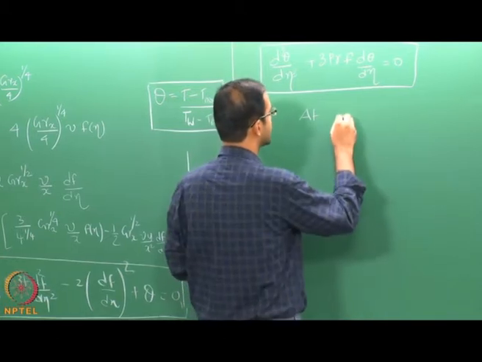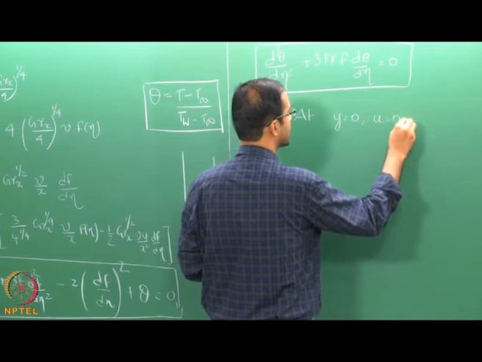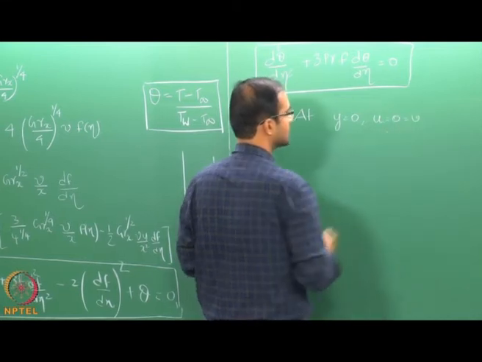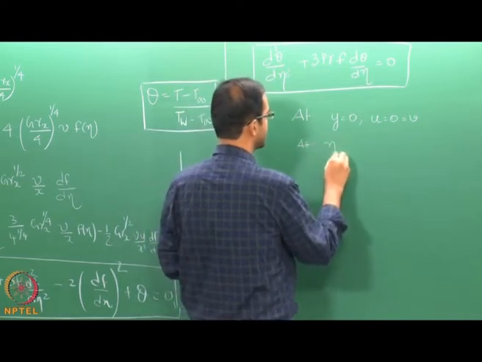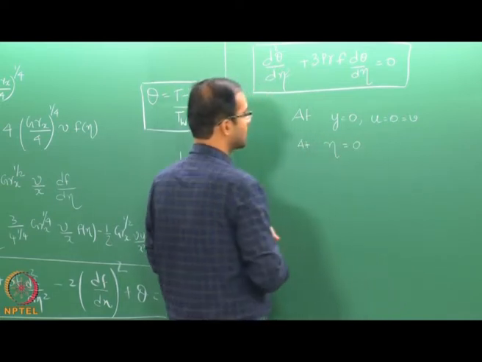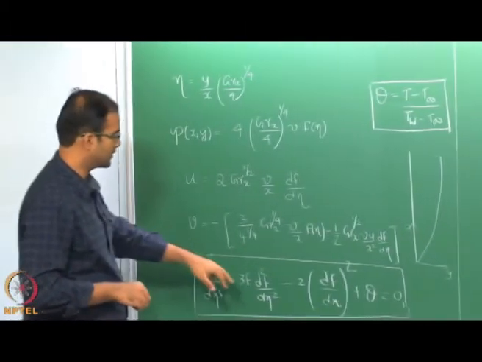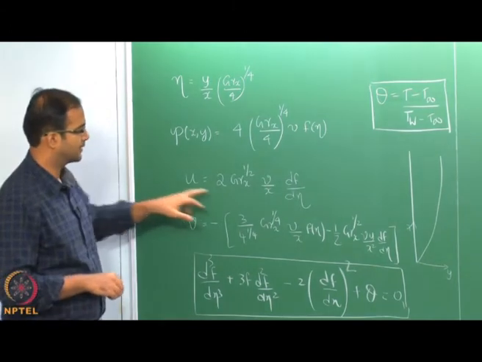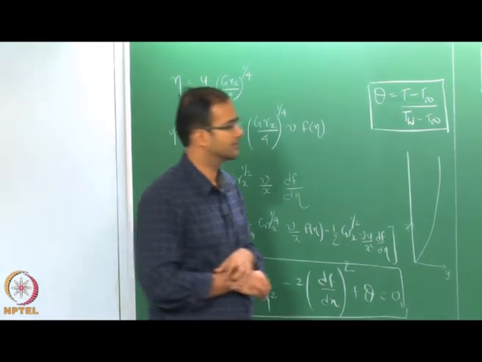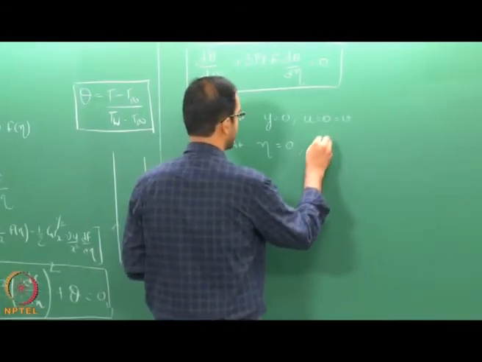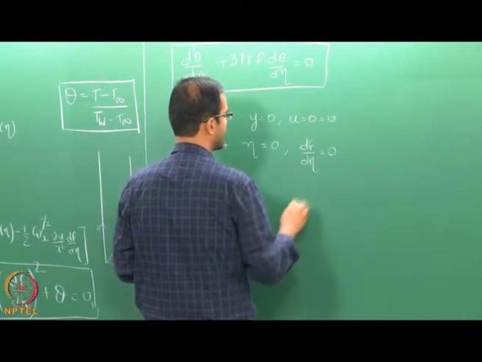So, at y equal to 0, since we have the no slip boundary condition, we can also say that using our similarity variable, eta equal to 0 at y equal to 0. What will be the condition for df by d eta? 0. Based on the fact that u equal to 0, we can say df by d eta equal to 0.